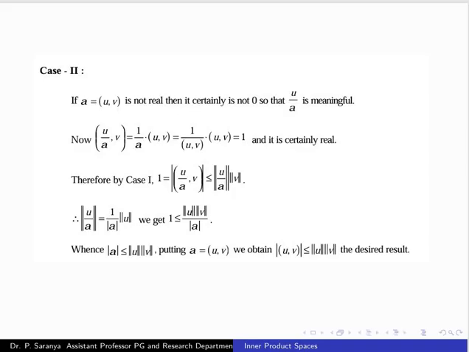We get 1 less than or equal to norm u norm v by modulus of a. Hence, modulus of A is less than or equal to norm u norm v. Putting A equal to inner product of u comma v, we obtain modulus of inner product of u comma v less than or equal to norm u norm v. This is the desired result.